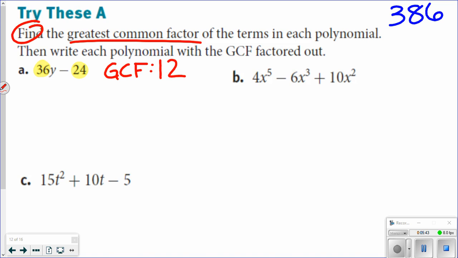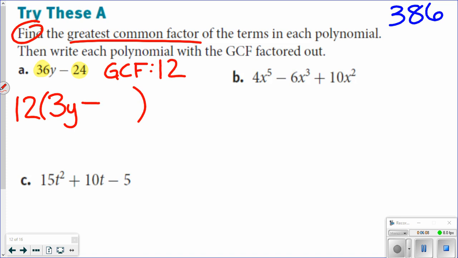Okay, so now the next step here, it says then write each polynomial with the GCF factored out. So now we're actually going to pull it out. Remember, we're dividing our numbers. So 36 divided by 12, we get 3. And then don't forget, we need the y there.